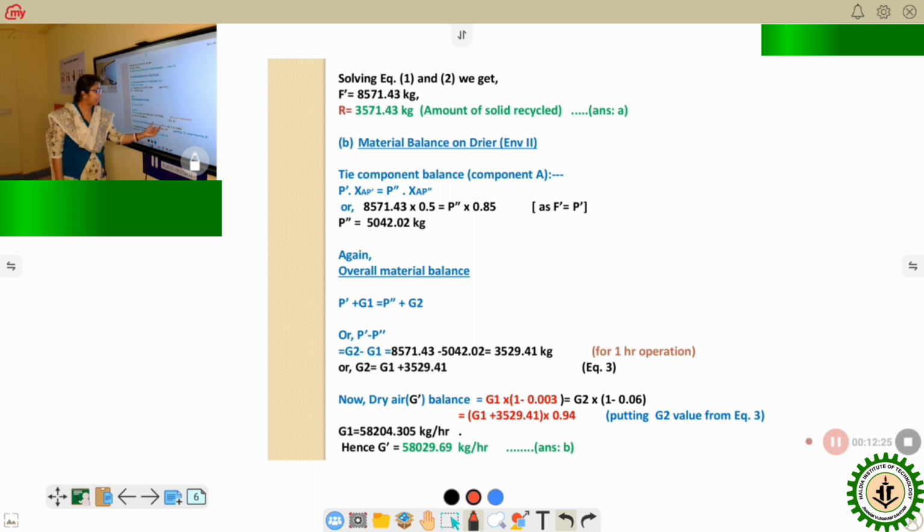So 1 minus this part gives the dry fraction of air in G1, and 1 minus 0.06 is the dry fraction of air in G2.